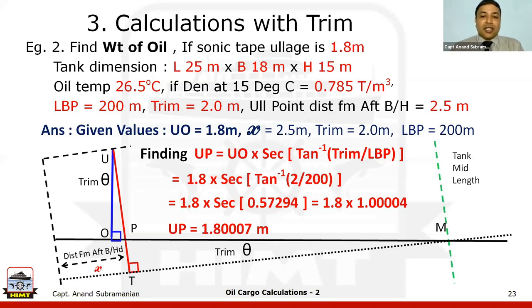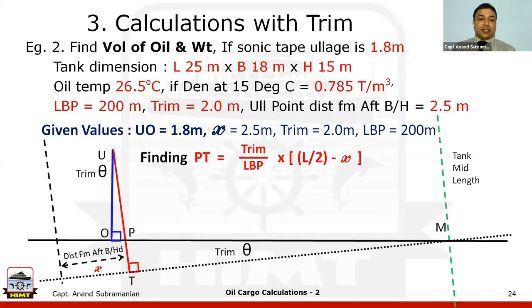Any doubts here? Any difficulties in this problem? No, sir. Okay. If you have a scientific calculator, you can do it in one single string and you'll get the same answer. All right. Next, we want to find out the trim correction, that is PT.